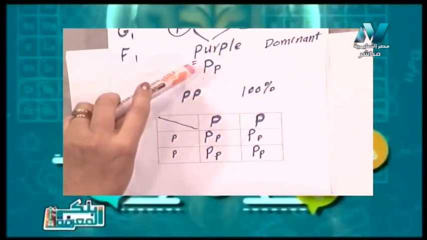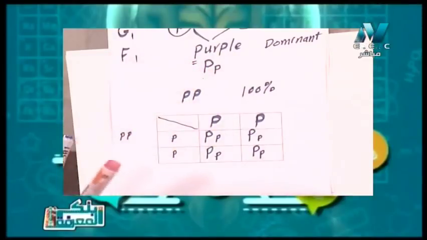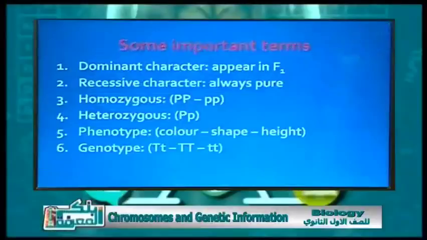So this is the dominant character. The recessive character must always be pure because it cannot appear unless the dominant gene is not present. So there must be 2 recessive genes to show the recessive character.